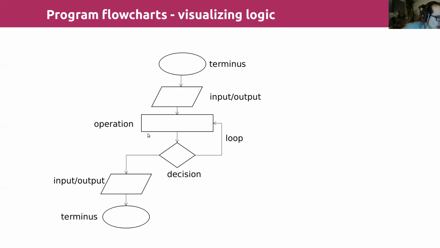Operations that happen without user input or output usually go in boxes. So probably the vast majority of steps in your flowchart will be some kind of operation. These will be the most common things. And these diamonds here are for decisions. Just like the one we learned, an if statement or conditional statement, this can be a diamond. So depending on what goes in, you get a different result going out.